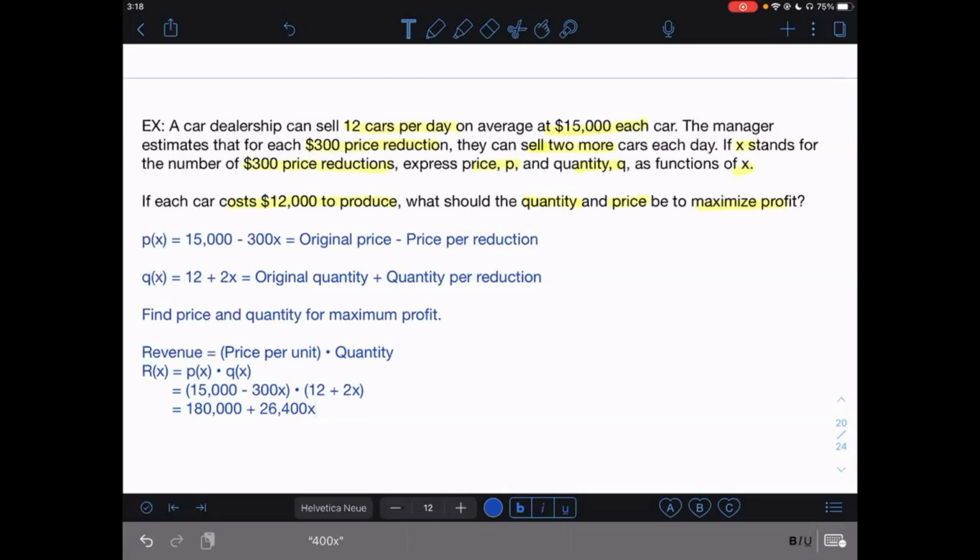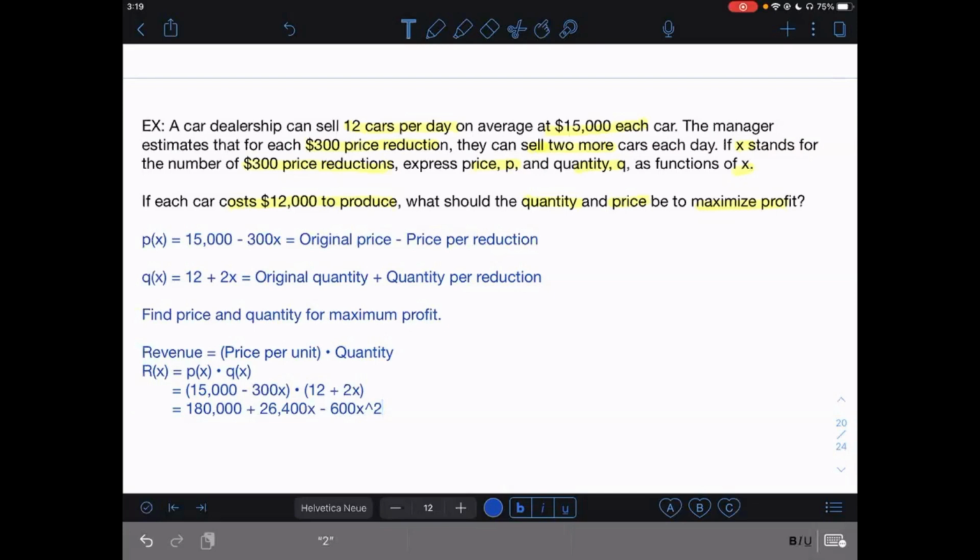What's going on with my calculator? That's the problem. Yeah, 26,400X, and then minus 600X squared.